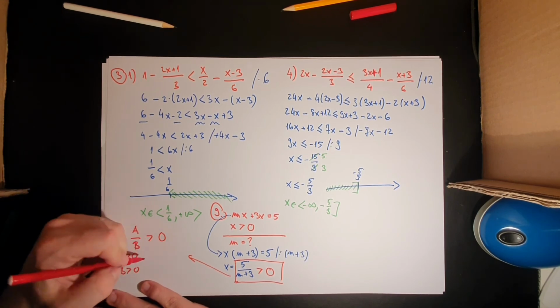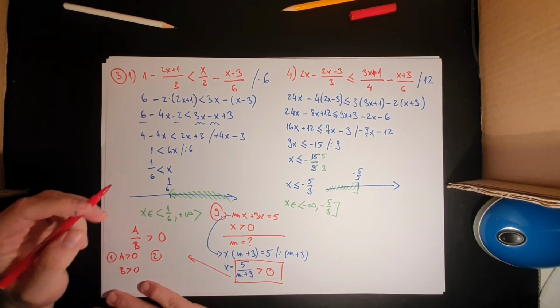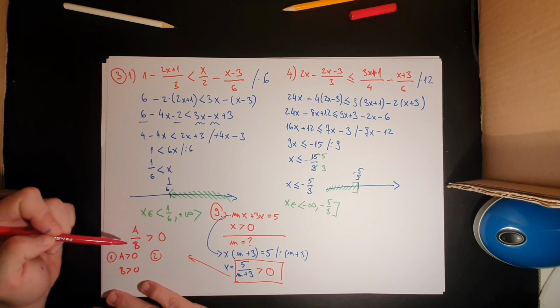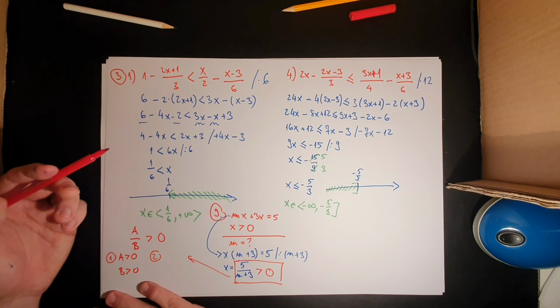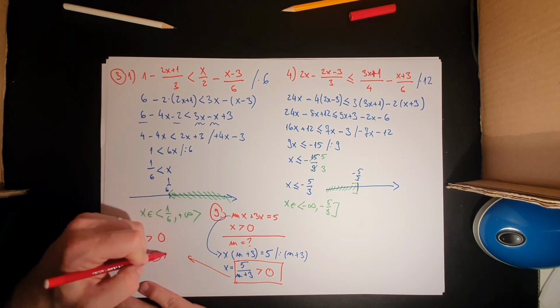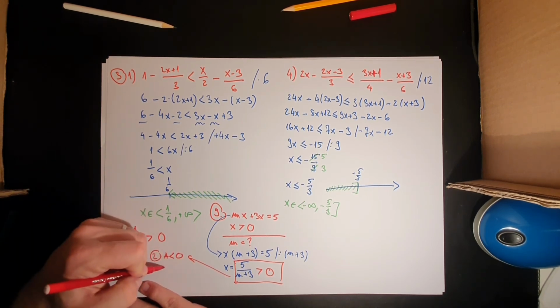The second situation is when both of them are negative, because a negative divided by a negative number is a positive number. So both of them are negative.